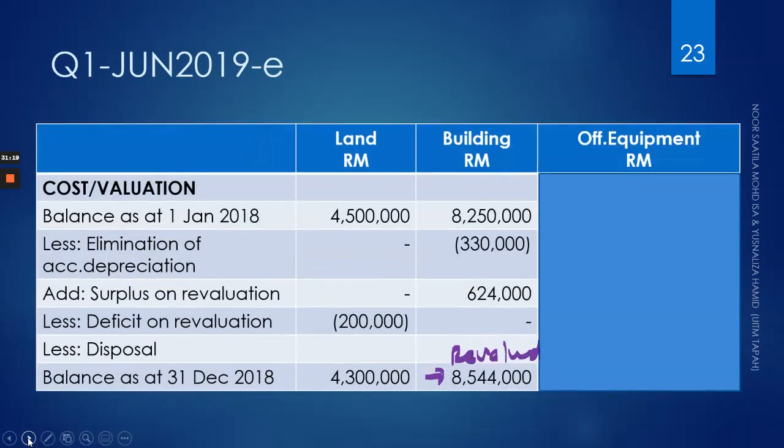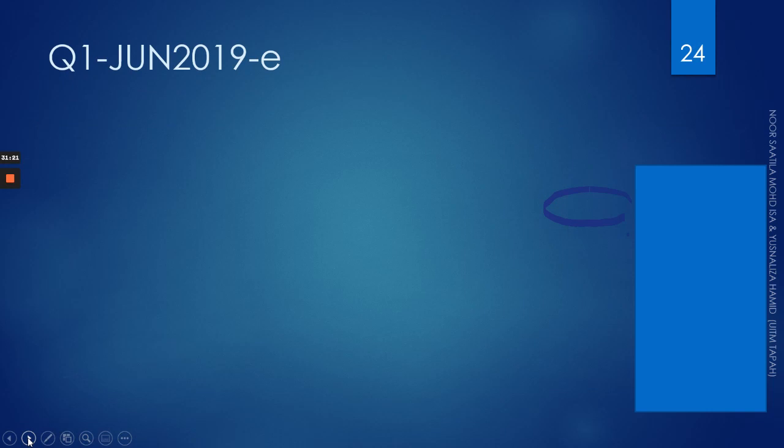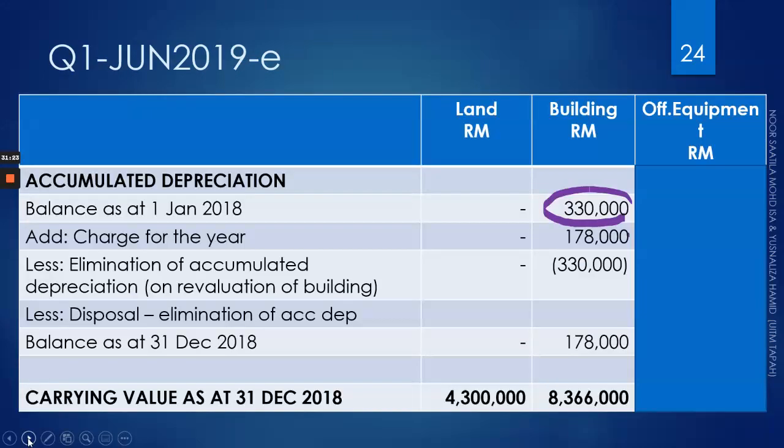Okay. And this is the accumulated depreciation at the beginning of the year. This is the one that you charge during the year, and what you eliminate would be 330,000. By right, this should come first. This should come at the bottom so that you can see you eliminate the accumulated depreciation first.